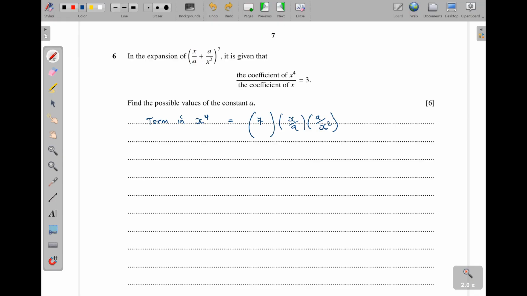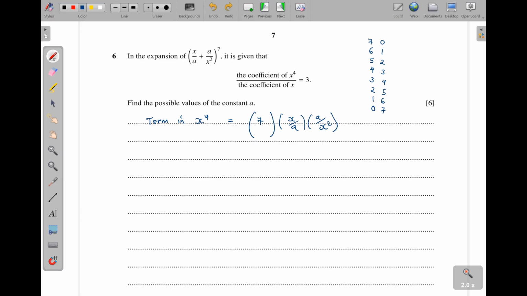The first one begins with power 7, then 6, 5, 4, 3, 2, 1, 0. It will have 8 terms. And the second one starts from 0, 1, 2, 3, 4, 5, 6, 7. So they move in pairs. If the first one is to the power of 6, the next one is to the power of 1.